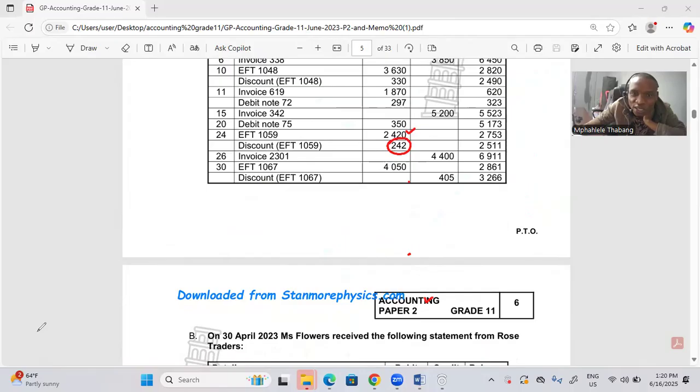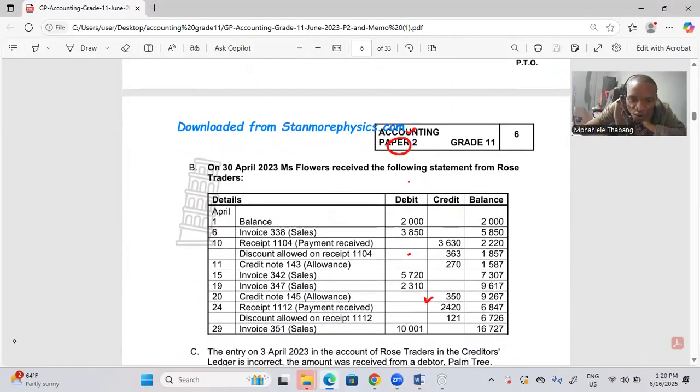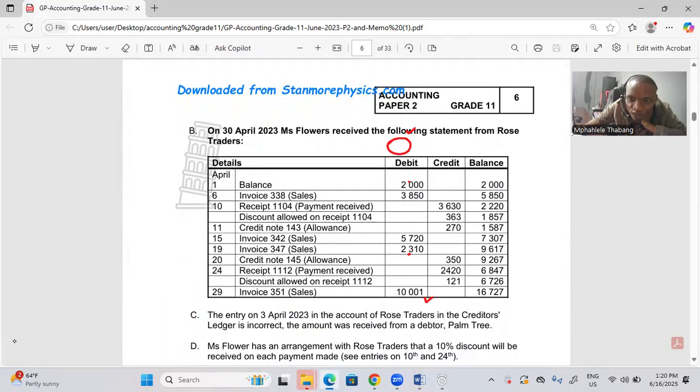So let us go to the statement on the 24th. On the 24th, the statement shows that we paid 2,420, but shows the discount of 121.